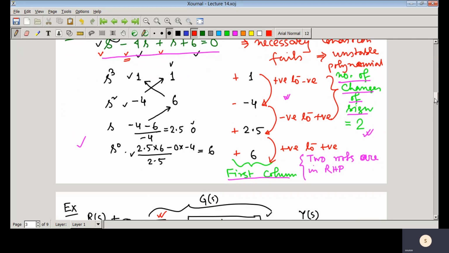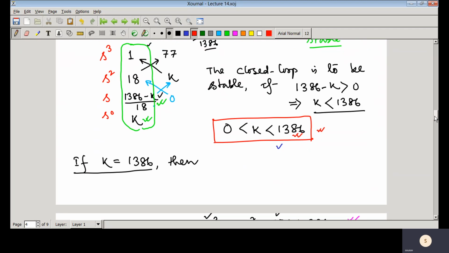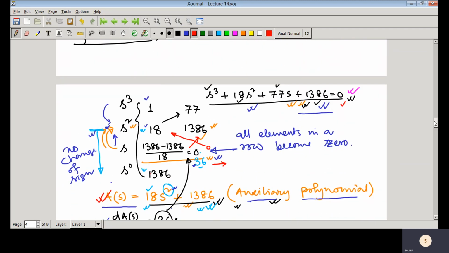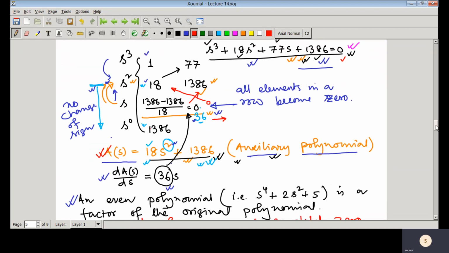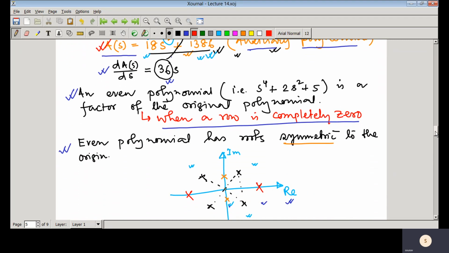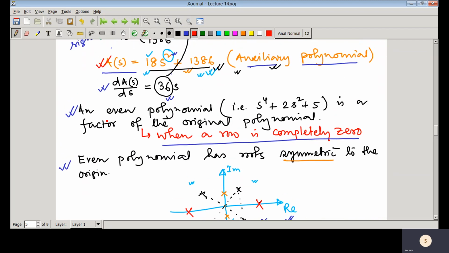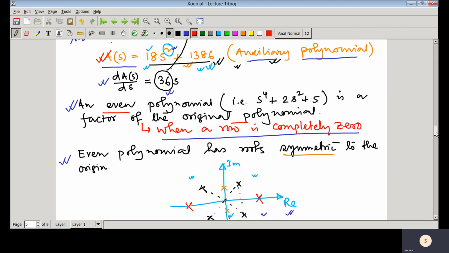Then we have seen some examples, and there are two different cases. One case is all elements in a row may become 0. In that case, we need to form the auxiliary polynomial, and for finding roots of the auxiliary polynomial, we invoked the property of even polynomials, because in this case the even polynomial is a factor of the original polynomial.